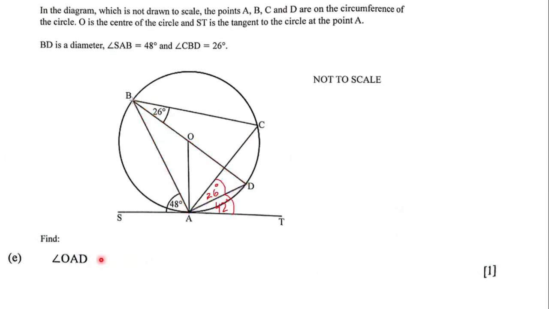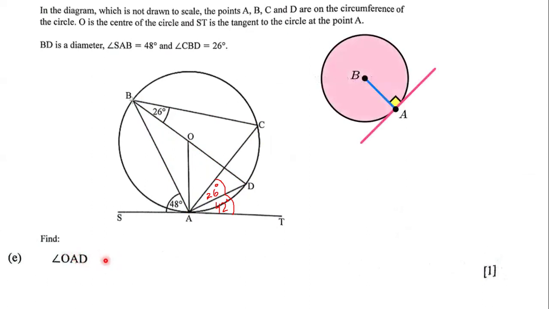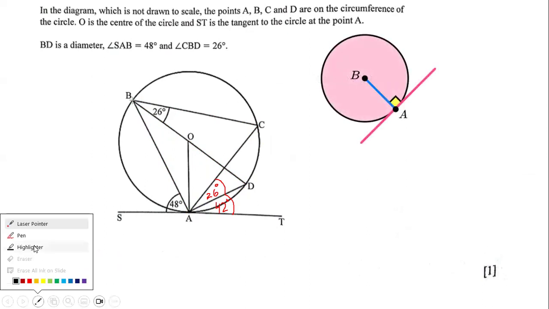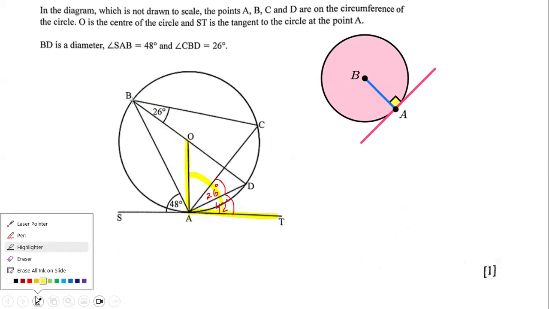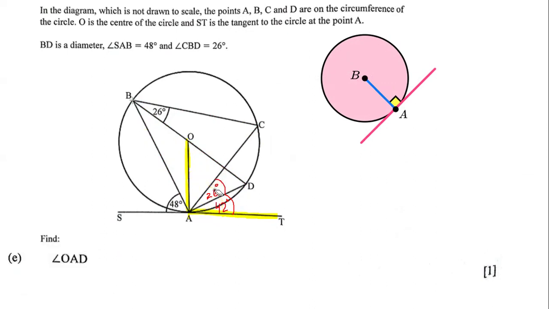Next, we need to figure out the size of angle OAT. Let me highlight this. That's going to be this particular angle. I'm sorry, that is not right. This is wrong.